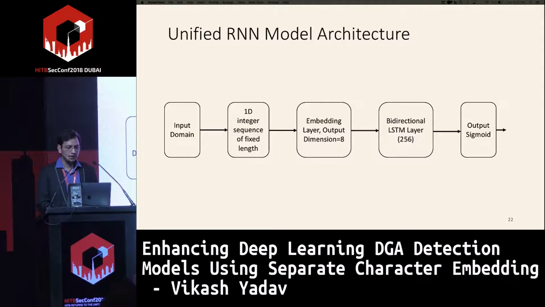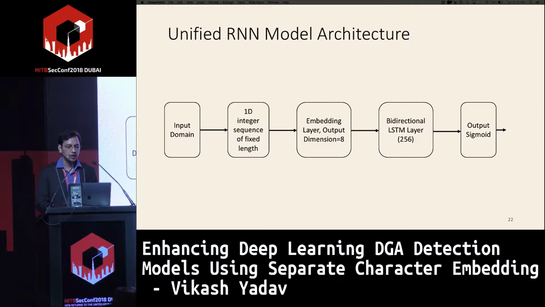Coming back to the unified architecture, as I explained all the different sections, the input is the domain name. We pre-process this input to a one-dimensional integer sequence because the machine learning model only accepts fixed size integer sequences. The embedding layer is going to convert it to a more meaningful input space.